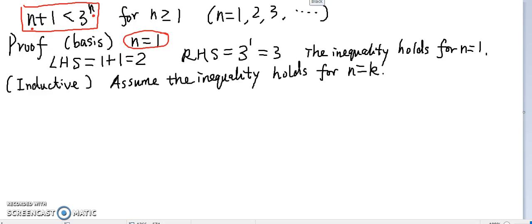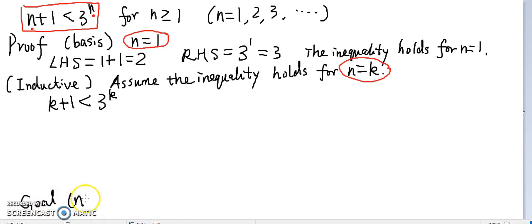Now, because we assume the inequality holds for n equal to k, we replace the left side n and right-hand side n with k. So we get k plus 1 less than 3 to the kth. And our goal, let's write down our goal inequality.